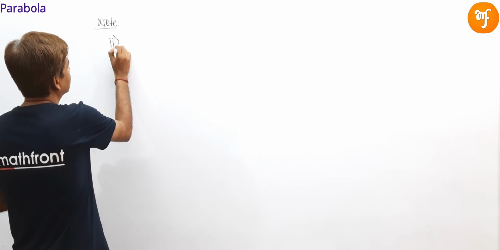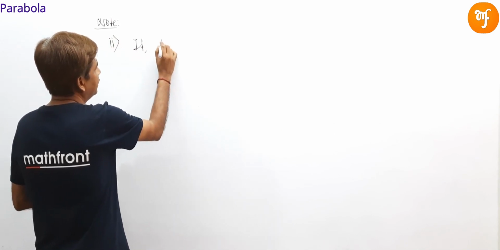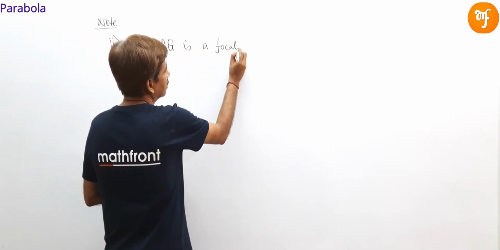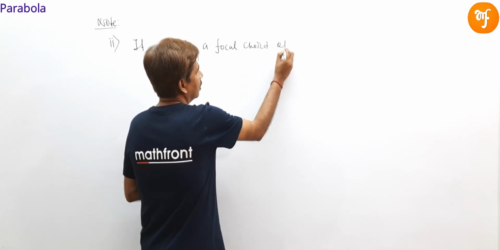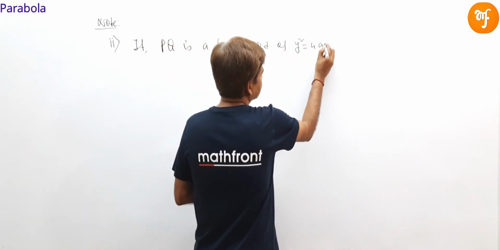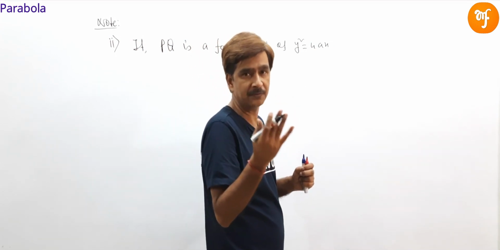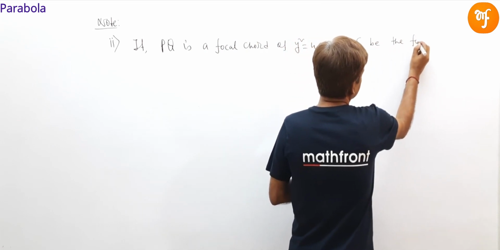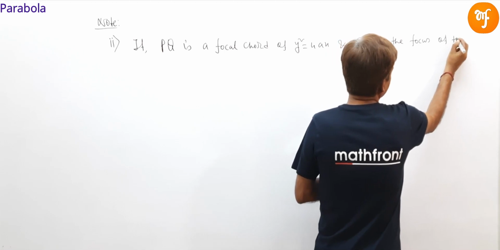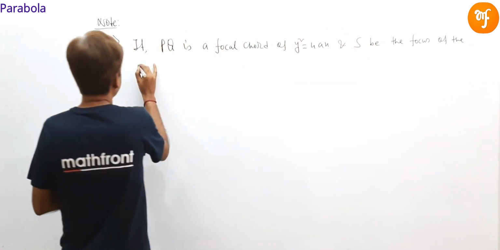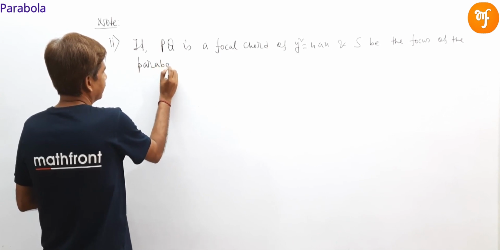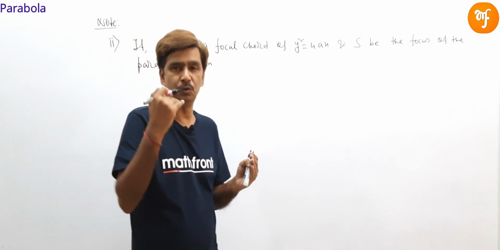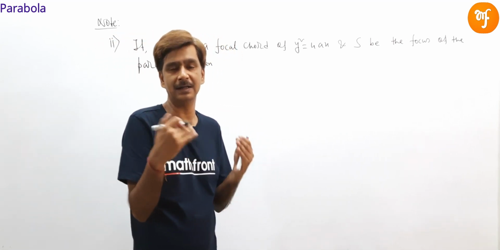Note 2 is, if PQ is a focal chord of y square is equal to 4ax and S is the focus of the parabola, then the segments PS, 2a and SQ are in the HP.